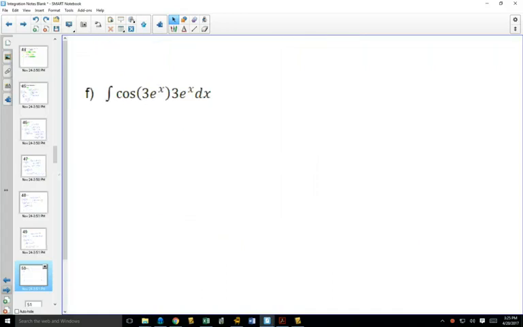I think we have time for one more. Yay. Back to an easier one. Easier to see the inside function. Inside function, 3e to the x. Easy to see the derivative.